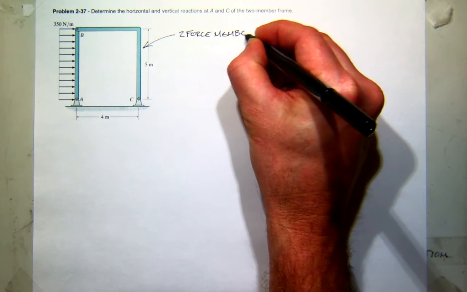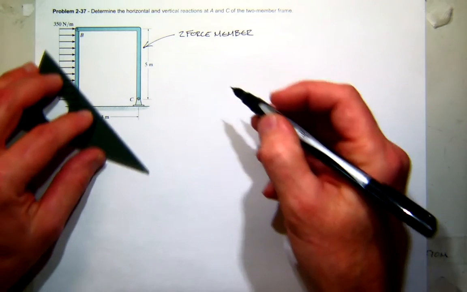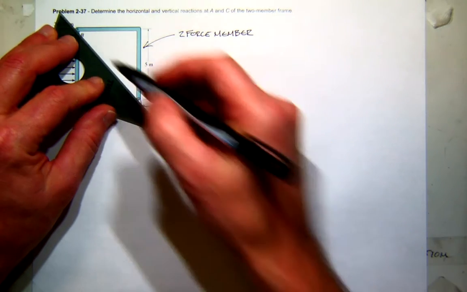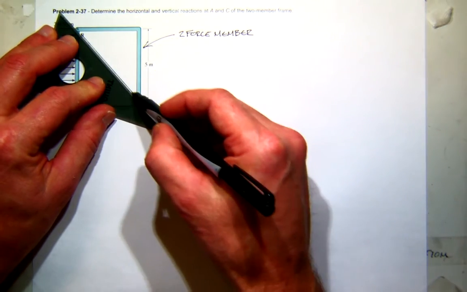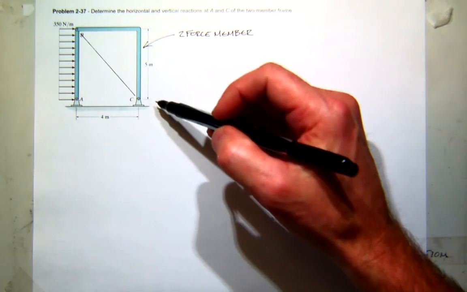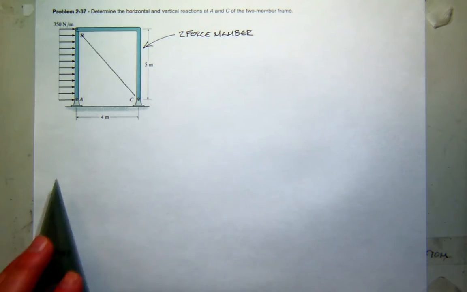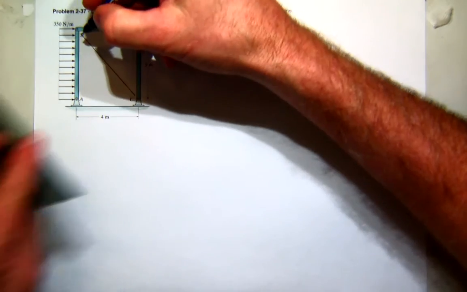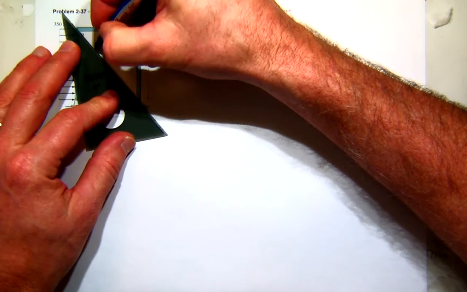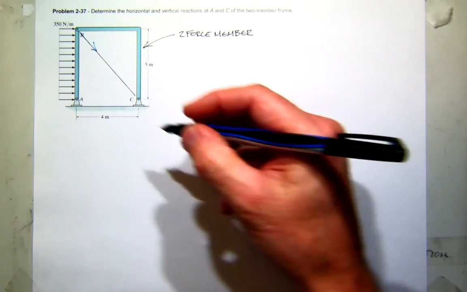Which means we know the line of action is going to fall between the pin along this line. So I know that that reaction there will be a force along that line of action going in that direction. I'll just call it B.